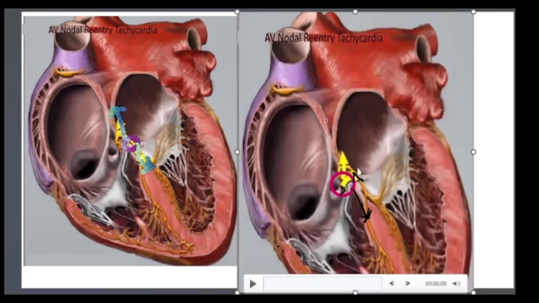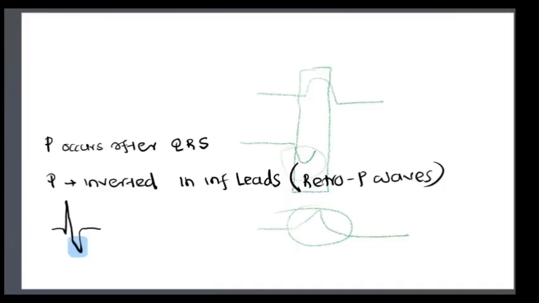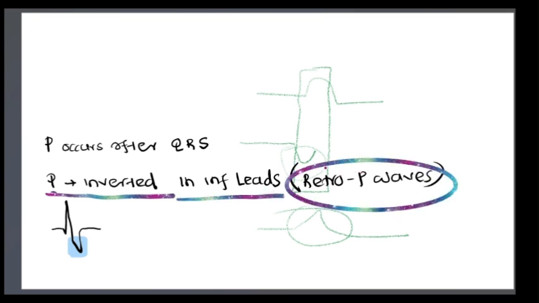All right. So now let me discuss the features that we can see in supraventricular tachycardia. One of them I have already discussed, that is inverted P wave. P wave is inverted because the depolarization is from down to up, especially in inferior leads. So we get a kind of retro P waves.